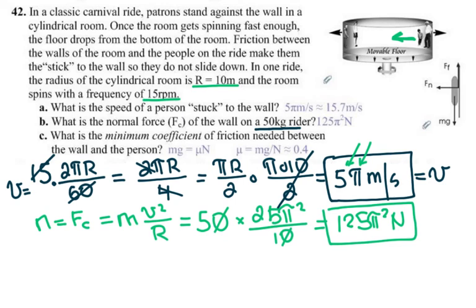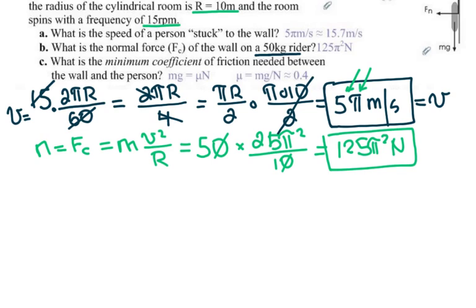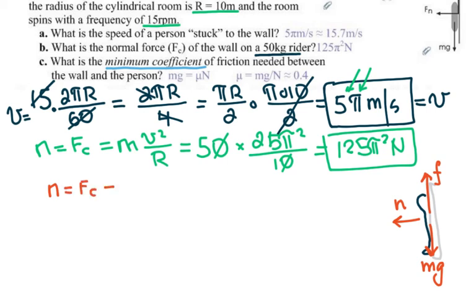And then the last question, they ask you to find the minimum coefficient of friction. So again, here is the wall, and the person is stuck to the wall, so the forces acting on the person are the normal force, friction, and the force of gravity. From here, I can say again that the normal force is your centripetal force, which is calculated as 125 pi squared newtons.